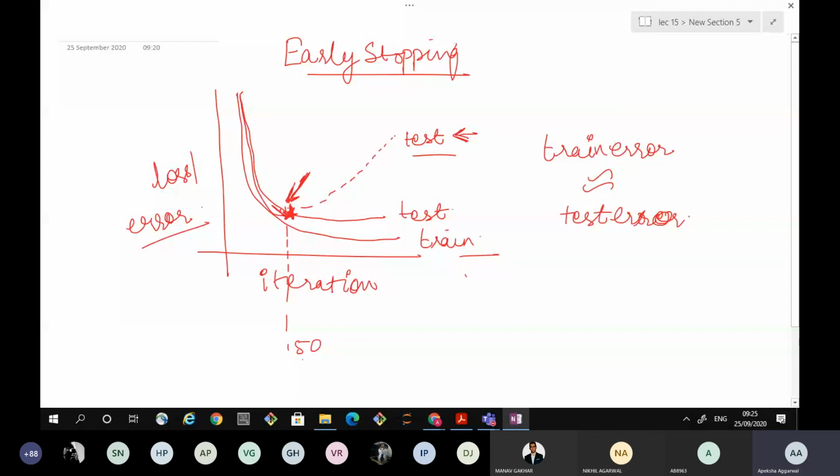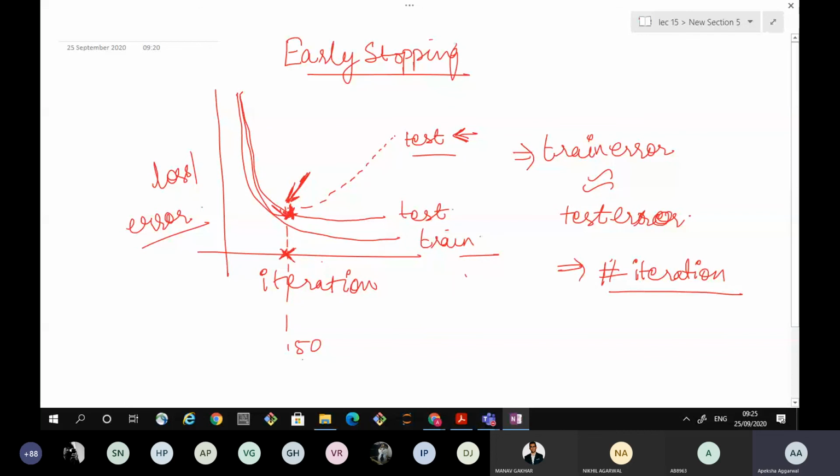It should not be that you have run your model for only one iteration. You have run your model for sufficient iterations and the training and test errors are approximately the same. So what we do is early stop our model, and we don't train it for more iterations.